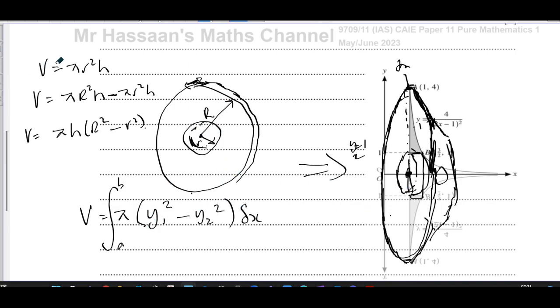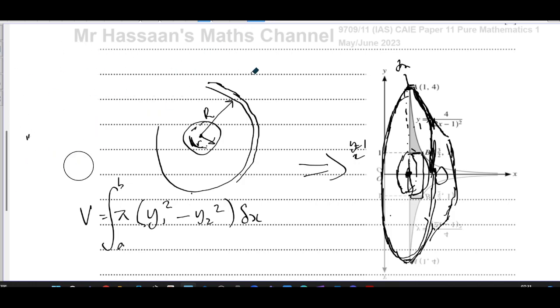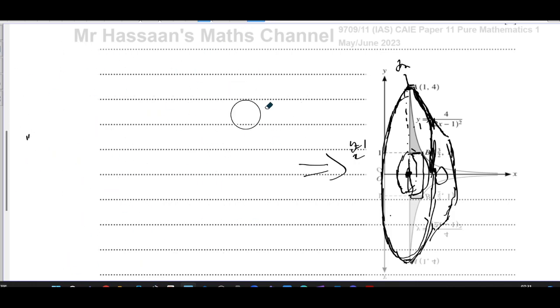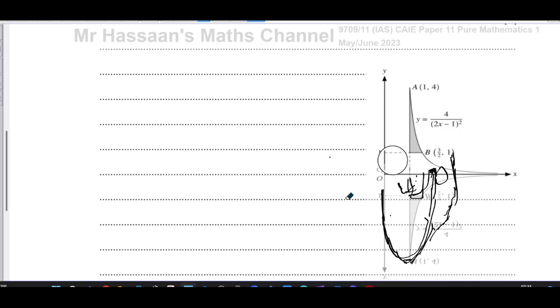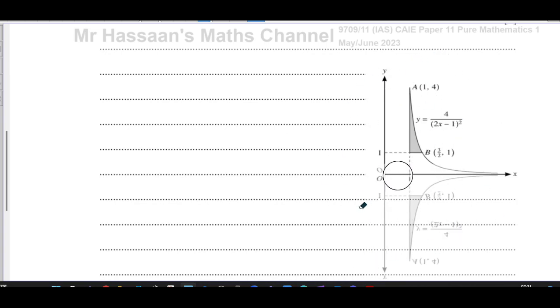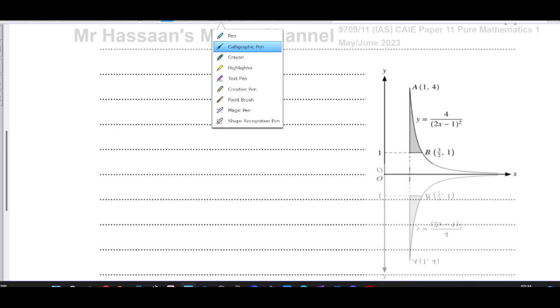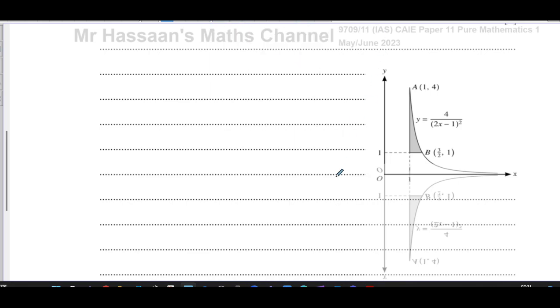I'm going to get rid of this diagram and this writing now, and just answer the question. Hopefully you understand exactly why I'm going to do what I'm going to do.